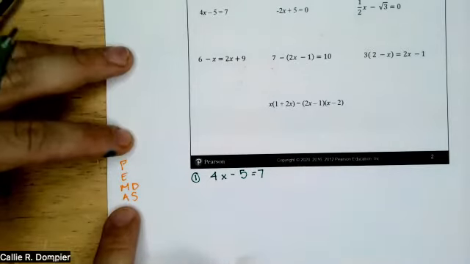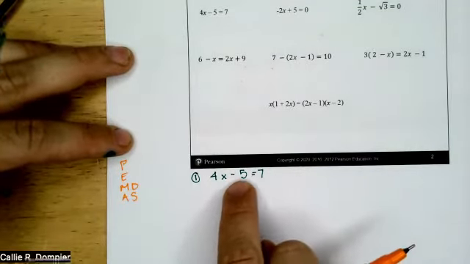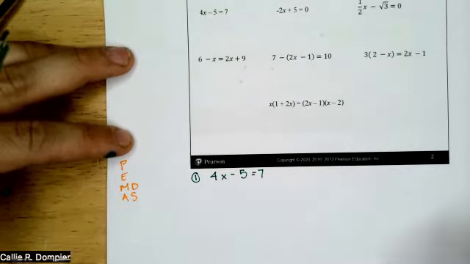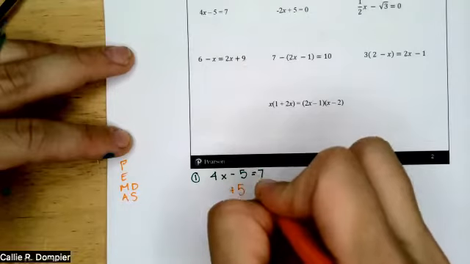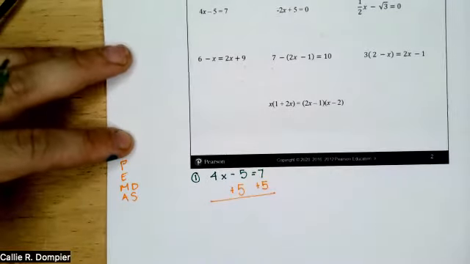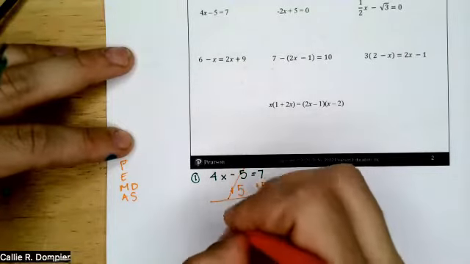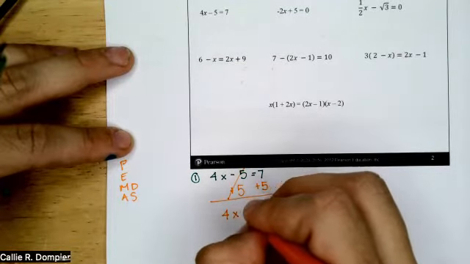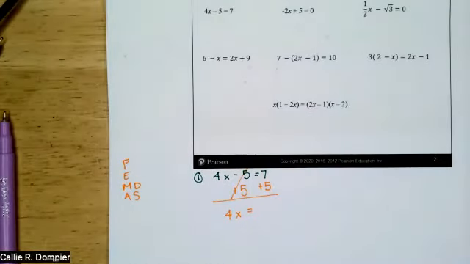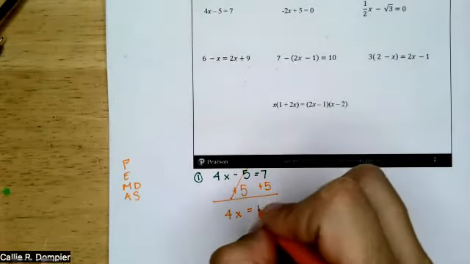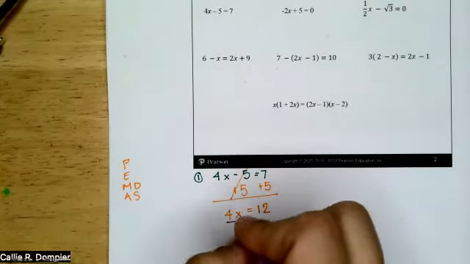Addition and subtraction are on the bottom, so that's what we want to do first. 5 is being subtracted from 4x, so to do the opposite of that, I add 5. Anything I do to that side, I have to do to the other side to maintain equality, right? So now I have 4x equals 7 plus 5. I put the 5 under the 7 because they are like terms. So that's 12, right? Stop me when I get something wrong mathematically.